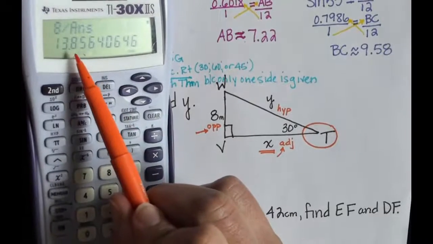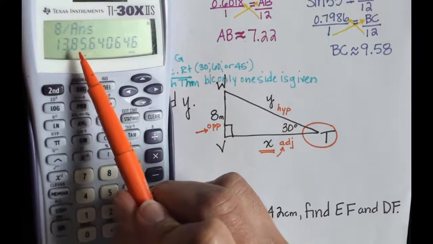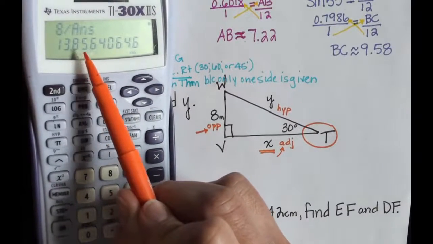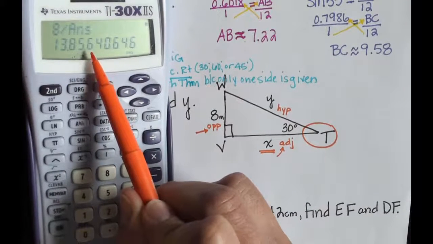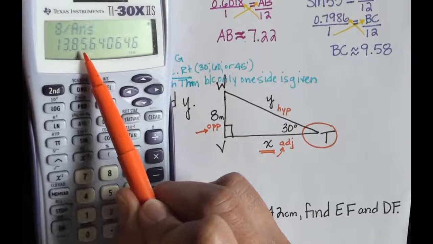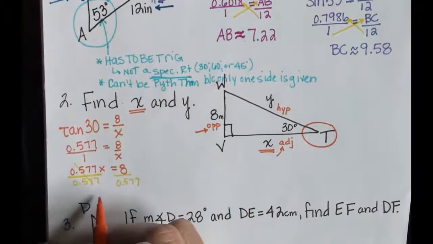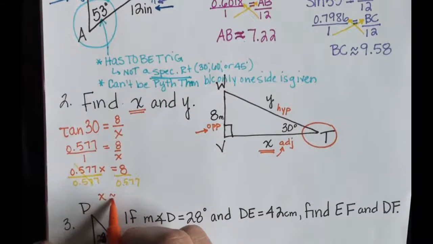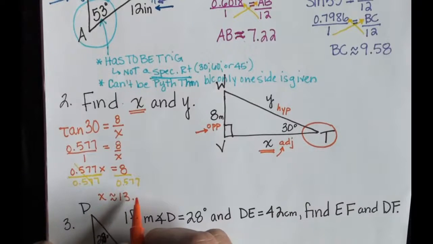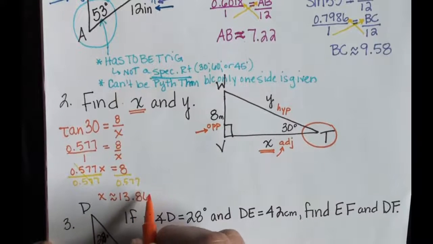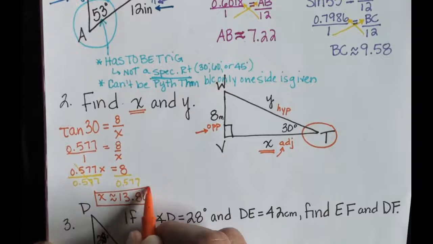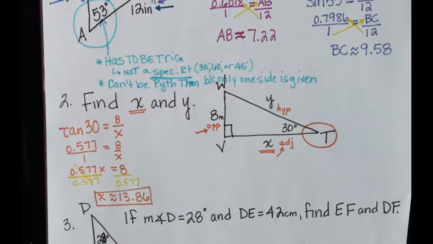And because I'm rounding to the nearest hundredth, notice that 8 is in the tenths, 5 is in the hundredths. This guy tells me I have to round 5 up. So when I write my answer for x, it's going to be 13.86.